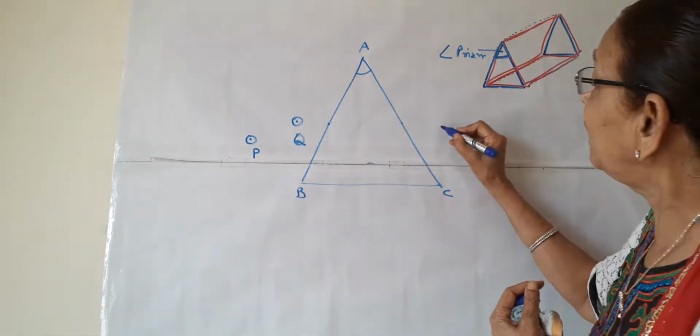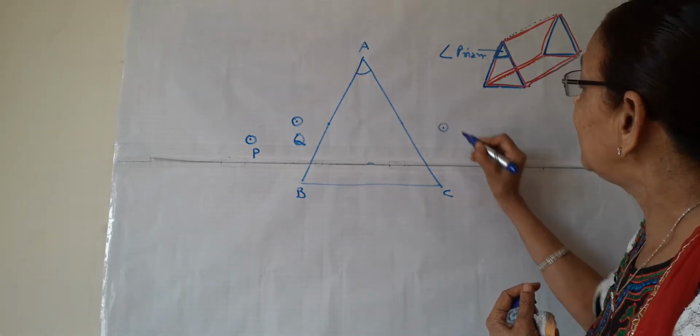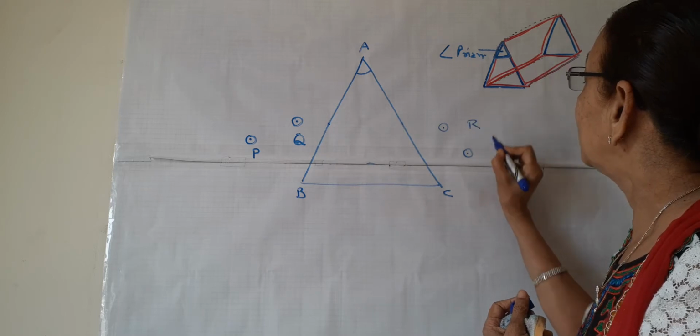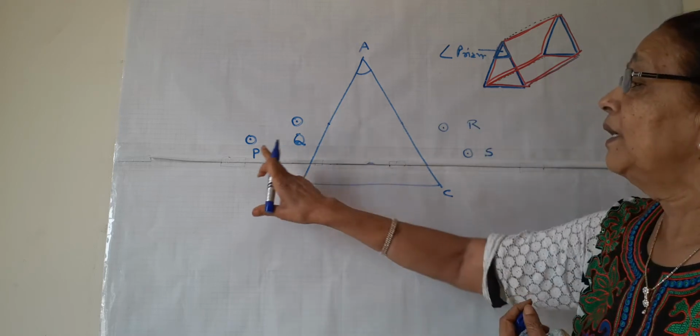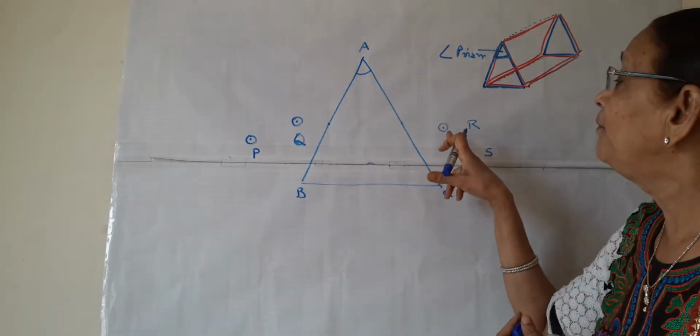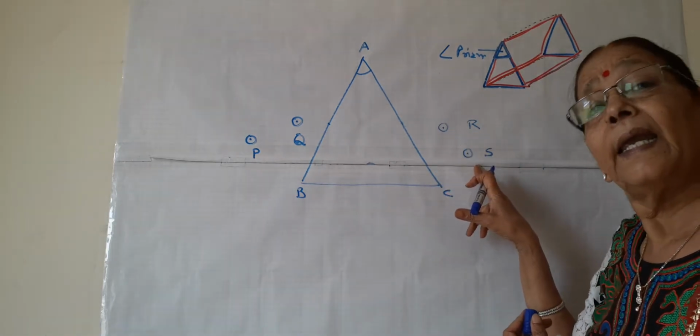Suppose the pins are P and Q, and we see their images here, say R and S. We fix two pins here, where we see the images.